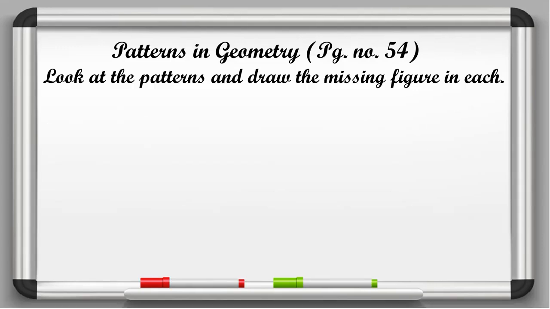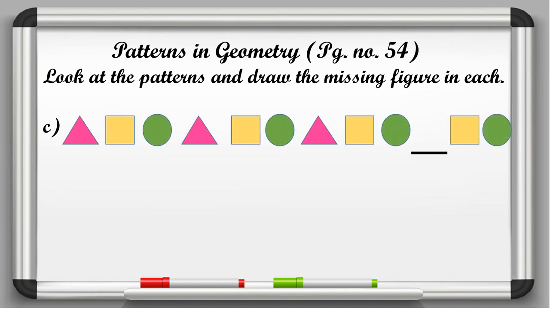Now in C part, what is given? This figure is given. Now we have to first read the given pattern. So here first a triangle, then square, then circle. Again triangle, square, circle, triangle, square, circle, dash, square, circle.